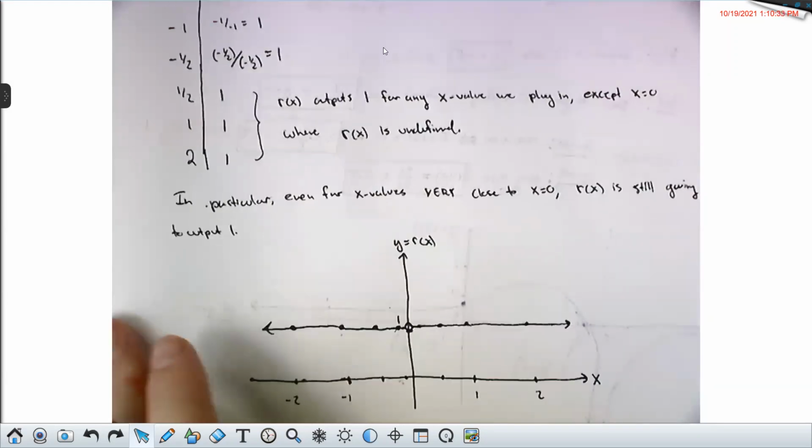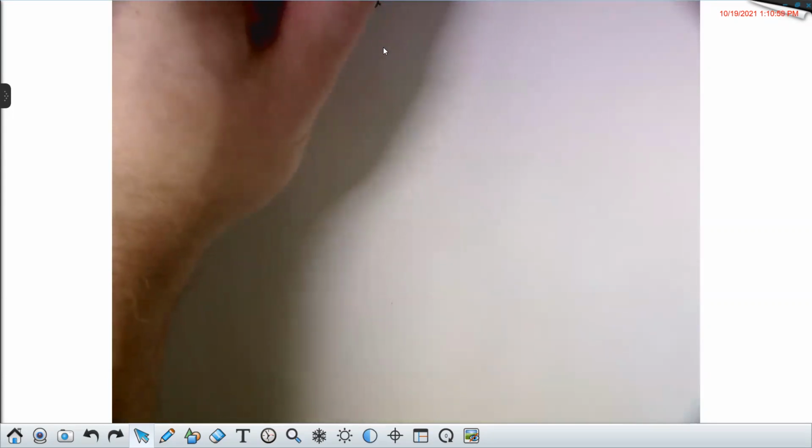Okay, let's look at a less silly example. Just a little less silly. How about something like x cubed minus 3x squared.